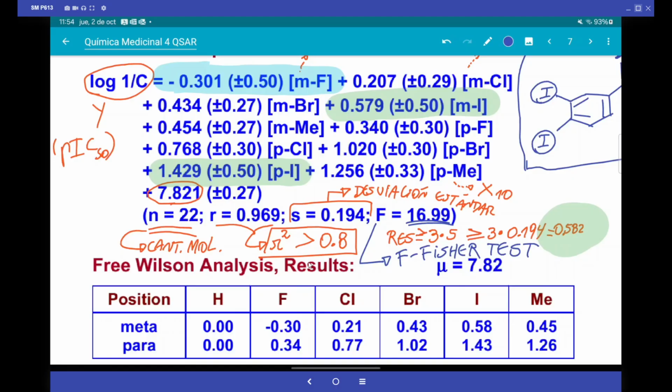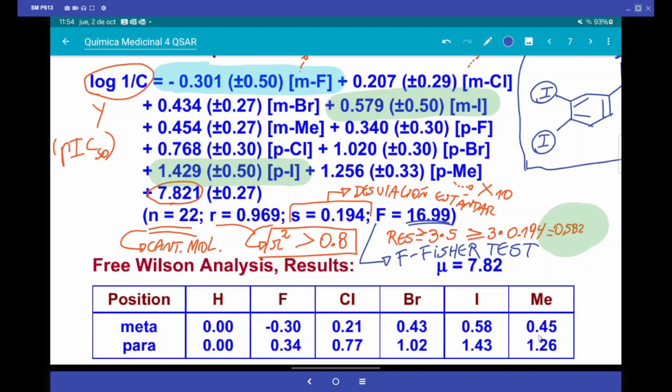There is the value for fluorine in para, 0.34. Let's look for it here. It is fluorine para, the coefficient is 0.34. Then we can represent the results in the form of a table, and it must be said that the intercept is 7.82. There is the intercept, that is this one here, 7.82.